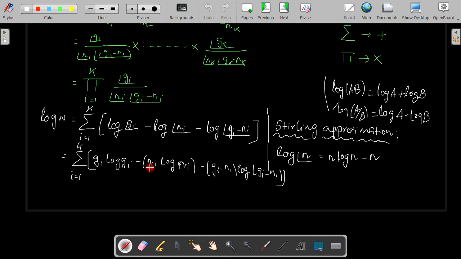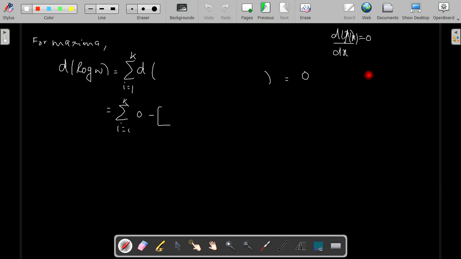So let's do it. This is the first function, so d/dn_i of log n_i. If I do d of n_i log n_i, I have to do it like this: n_i d of log n_i, plus log n_i d n_i.